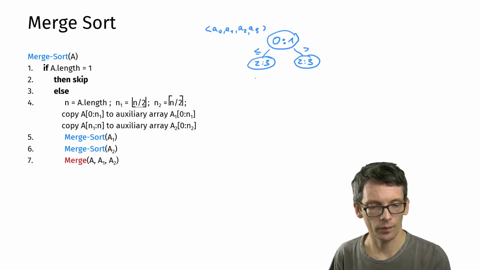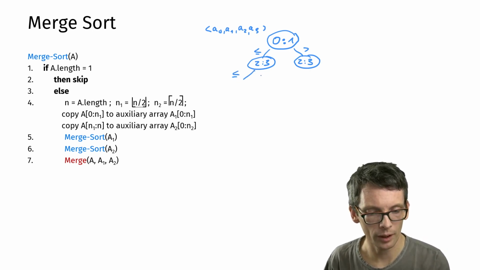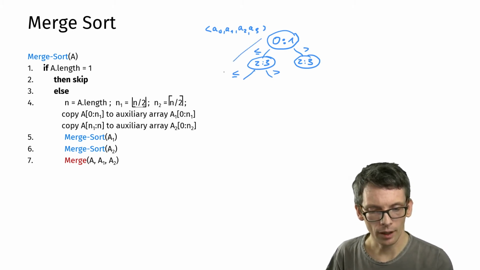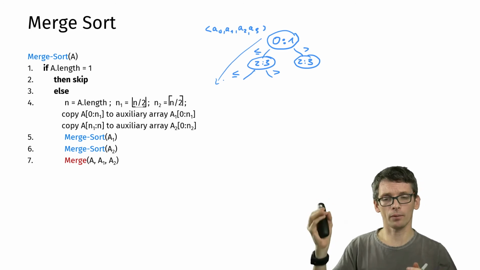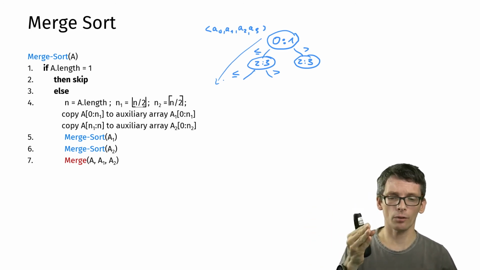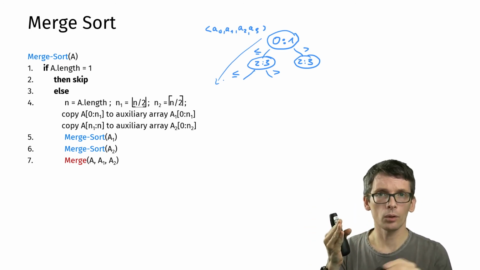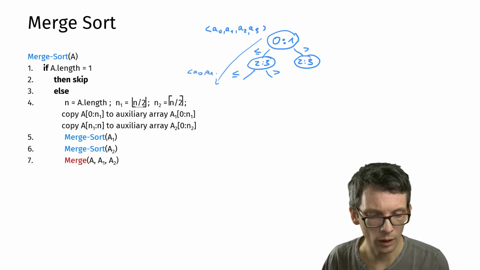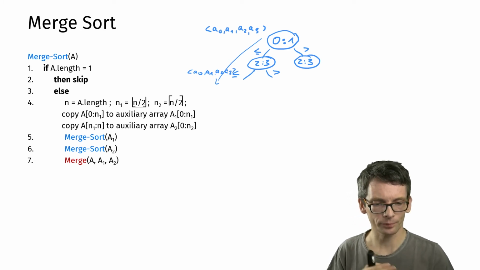And again, let me do a smaller, equal, larger. So let's look at this leftmost path. 0 was smaller, it's still at the front. Then we have 1, 2 and 3. 2 was smaller. So right now we have 0, 1, 2, 3, still in that order.